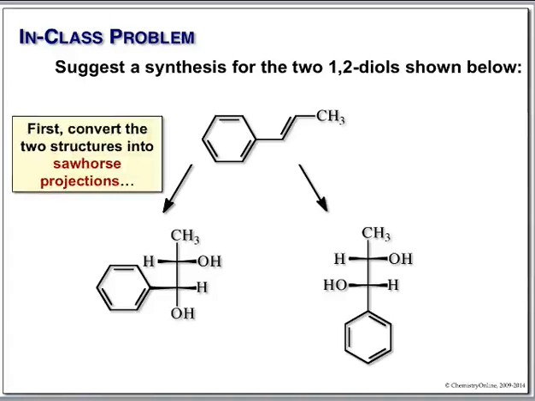Don't remember what a sawhorse looks like? We do. Dr. Young, I thought that the line was in the plane. I thought only when it had little lines that it was pointing back. But if we define our stereochemistry with these guys coming towards us, this must be going back.